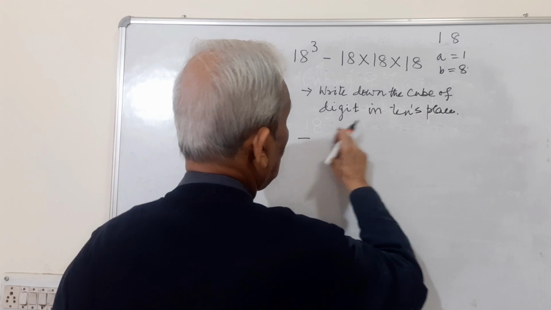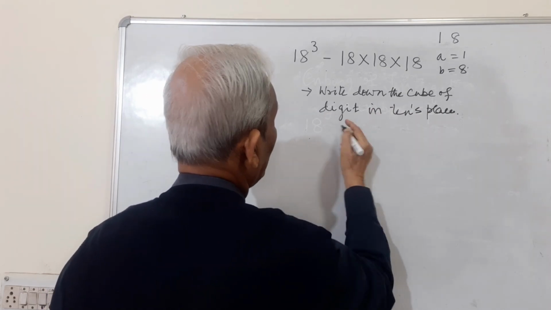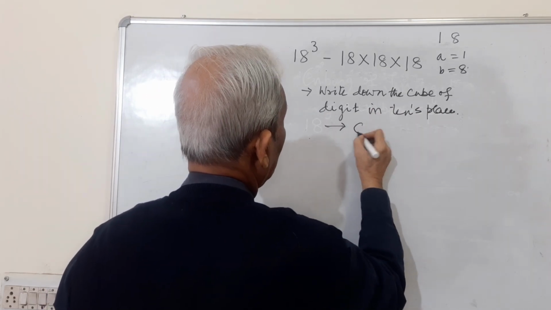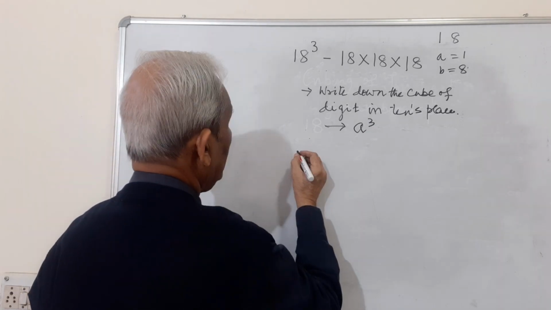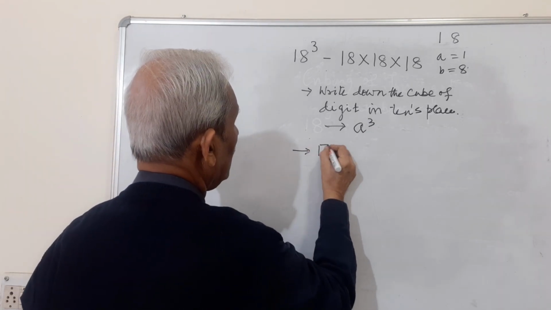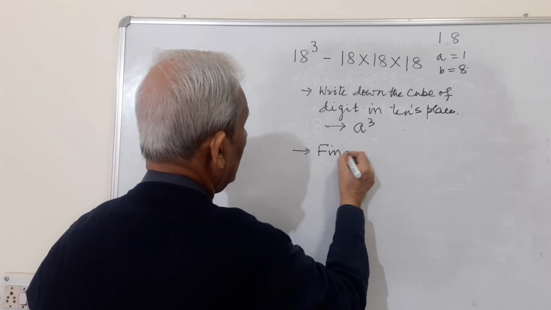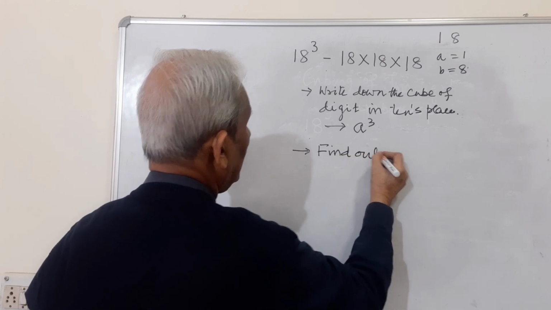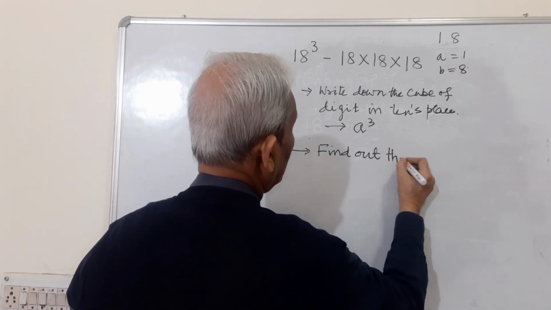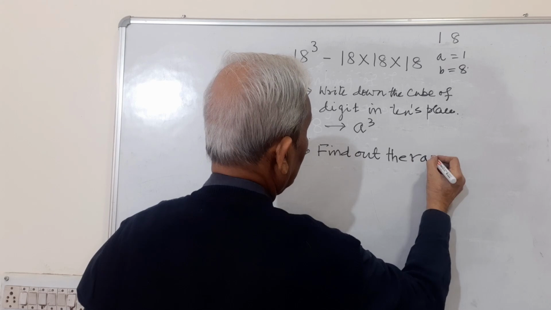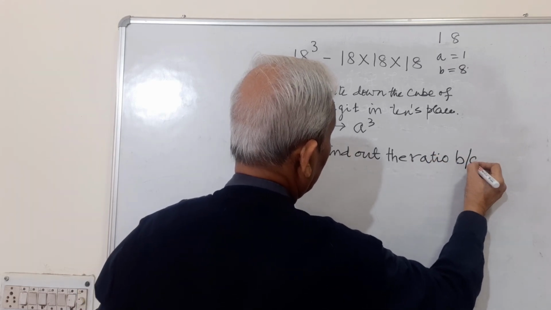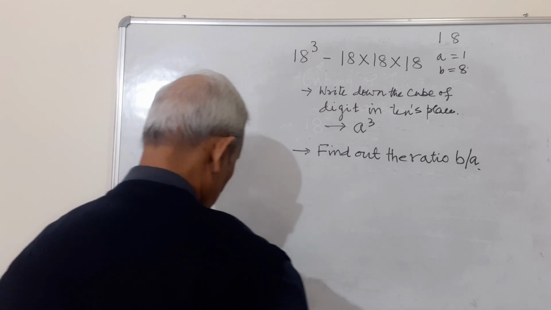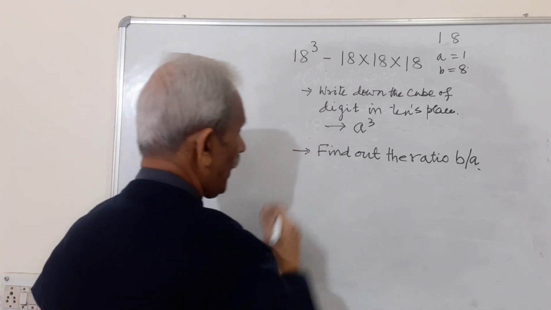Now write down the cube of the digit in the tens place, and that will become a cube. Write down a cube. And then find out the ratio b by a. Find the ratio b by a.